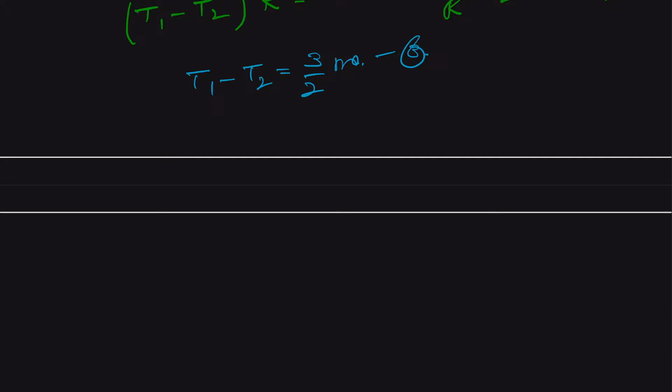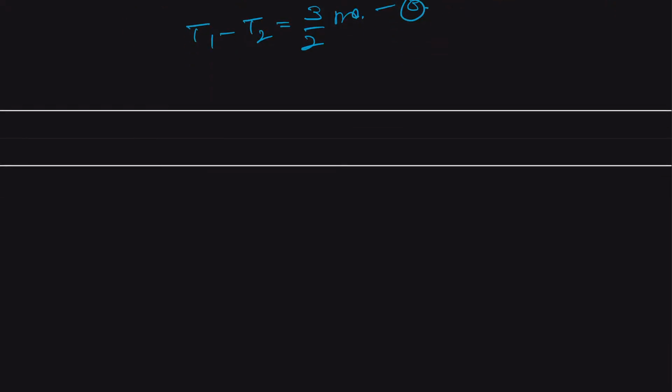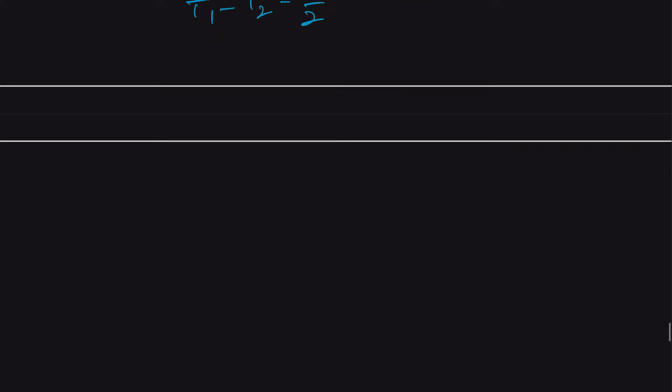So from equation 1, T1 is 2mg minus 2ma, and from equation number 2, T2 is mg plus ma.